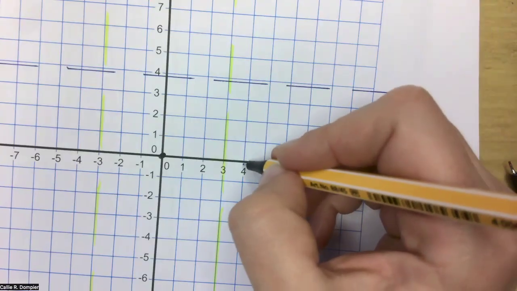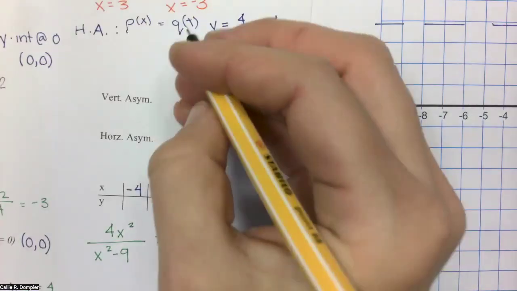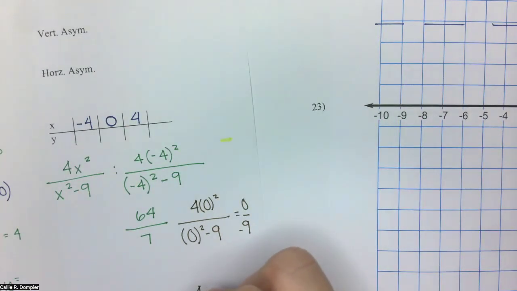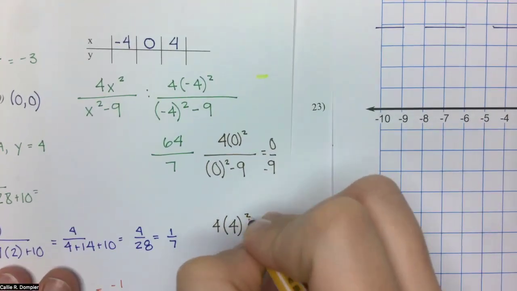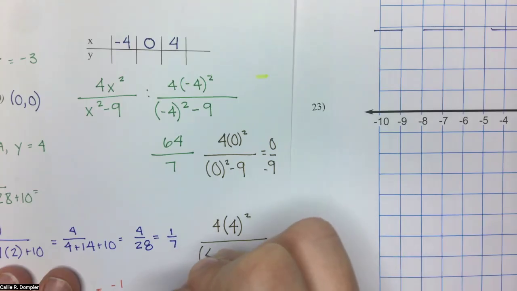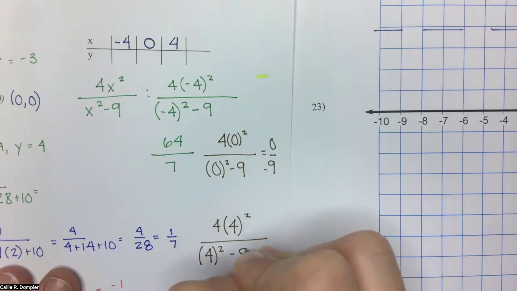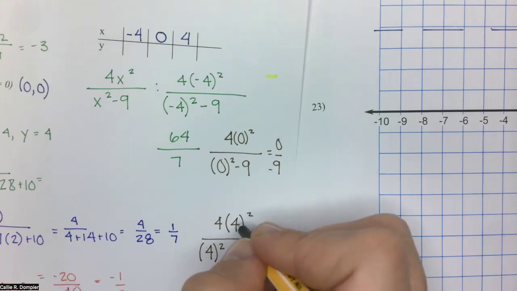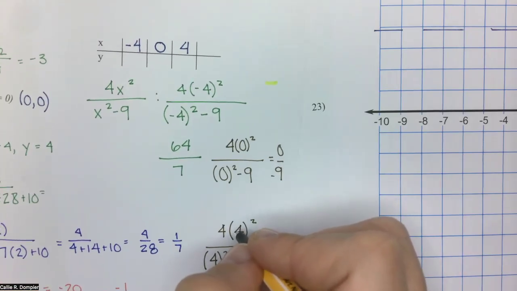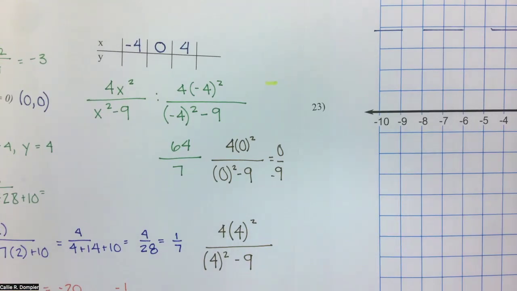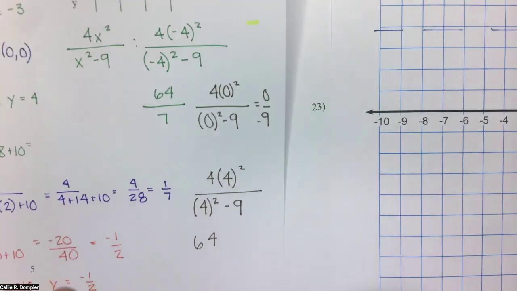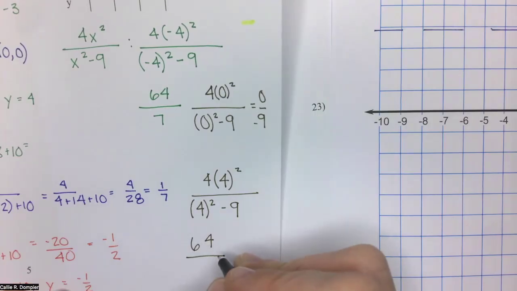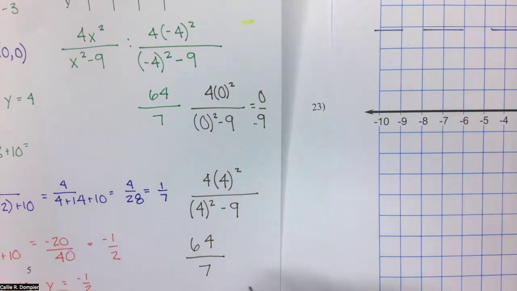And then over here, I set up +4. So that's 4 times 4 squared over 4 squared minus 9. What did we say 4 times 4 times 4 is? 64. And then 16 minus 9 is also 7.